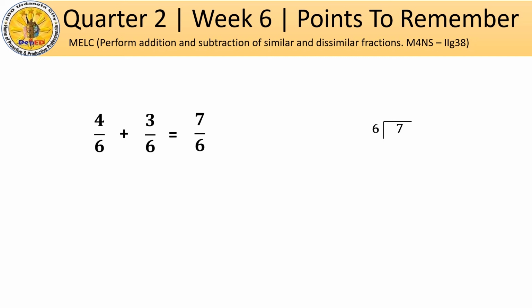So 7 divided by 6 is 1. 1 times 6 is 6. 7 minus 6 is 1. So the quotient will be the whole number, the remainder will be the numerator, and the divisor is the denominator. So the answer is 1 and 1 over 6.